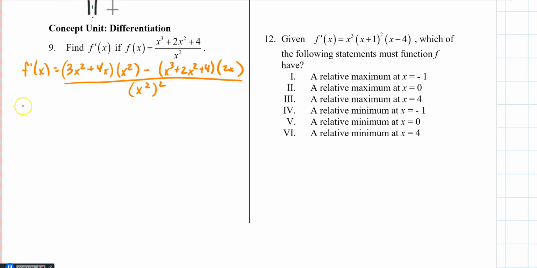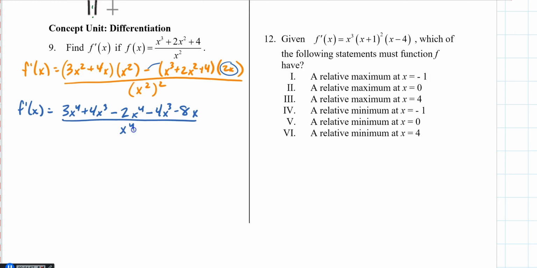So we get that, and now we're going to go ahead and simplify. So if we distribute the x squared, we get 3x to the 4th plus 4x cubed. I'm going to distribute the negative at the same time that I'm multiplying by the 2x. So I've got -2x to the 4th minus 4x cubed minus 8x all over x to the 4th.